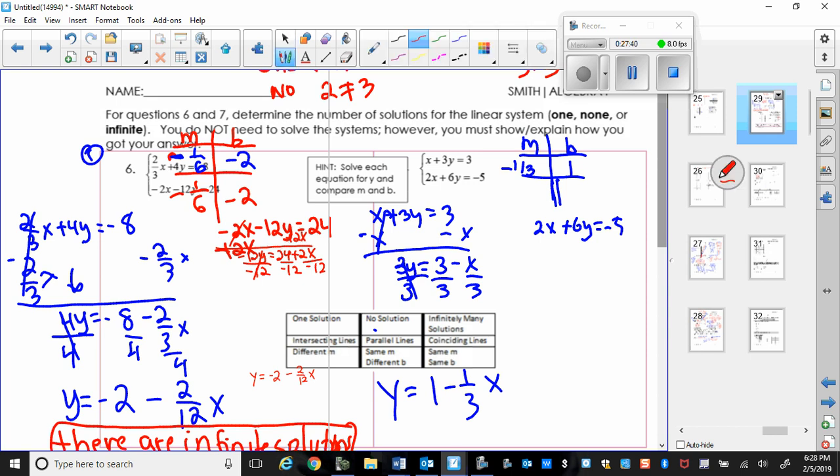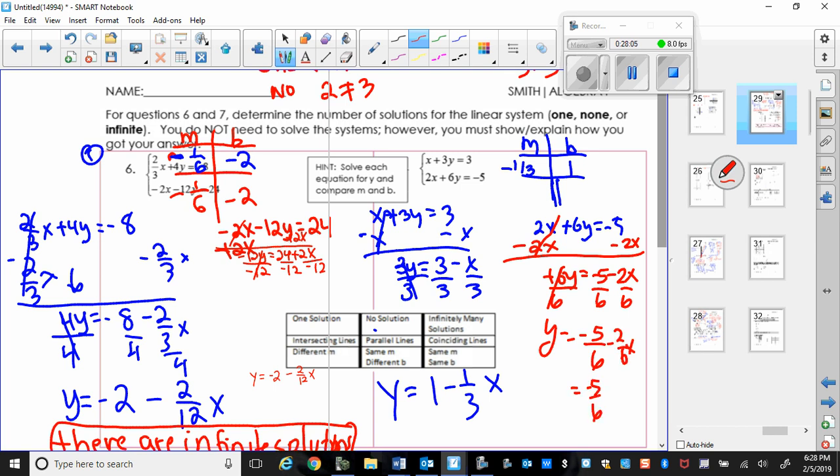Secondly, over here, move my x term, right? I get positive 6y equals negative 5 minus 2x. Divide both sides by 6, or each term by 6. Y equals negative 5 over 6, minus 1/3 x when it's simplified. So my y-intercept is negative 5 over 6.